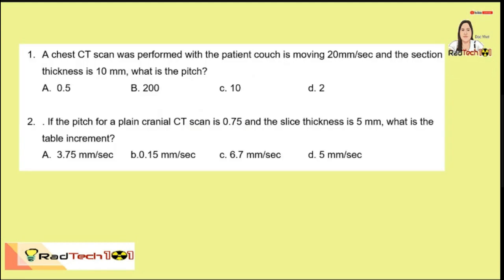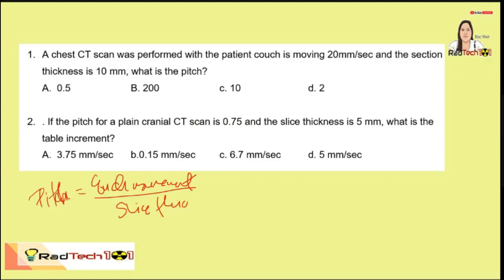A chest CT scan was performed with the patient couch moving 20 millimeters per second and the section thickness is 10 millimeters. So, what is the pitch? So, in CT scan, the formula for pitch is equal to couch movement divided by slice thickness.